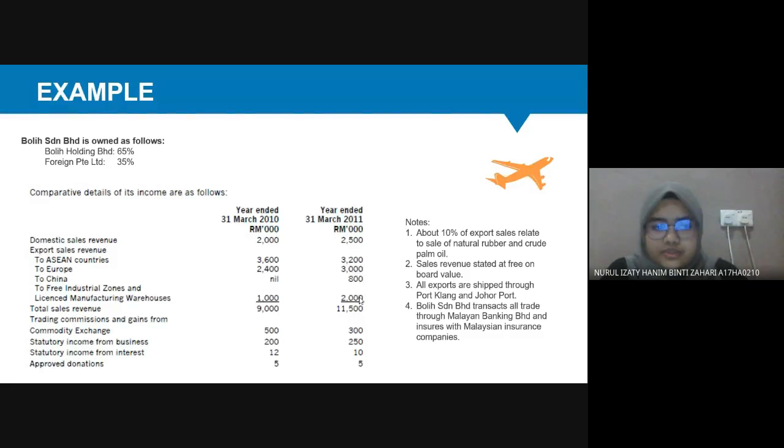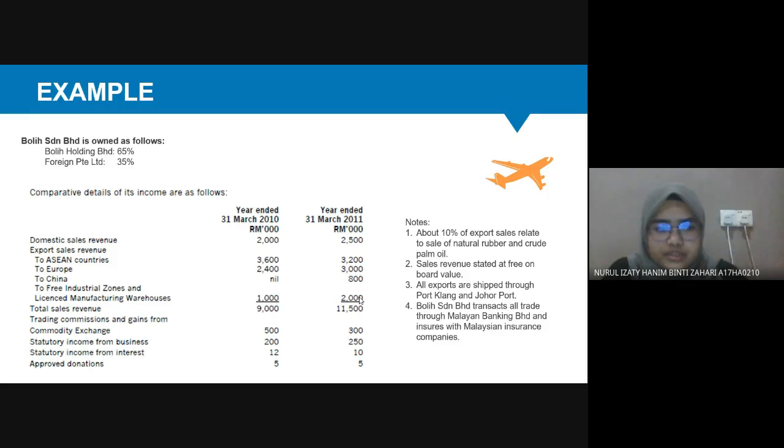And then export sales revenue to ASEAN countries is 3.6 million in 2010 and 3.2 million in 2011. And to Europe, 2.4 million in 2010 and 3 million in 2011. To China is nil in 2010 and 800,000 in 2011.